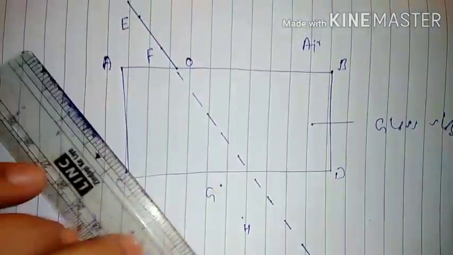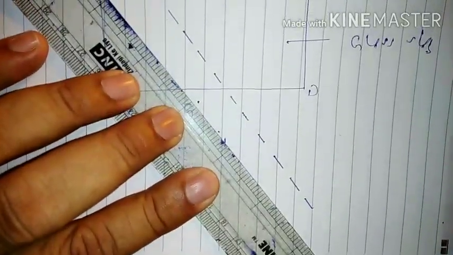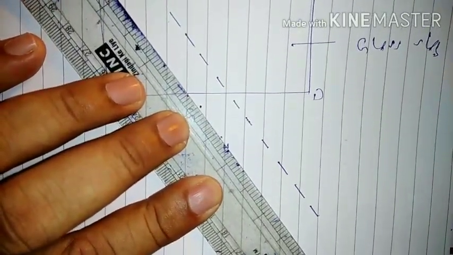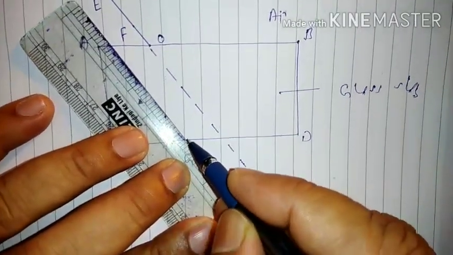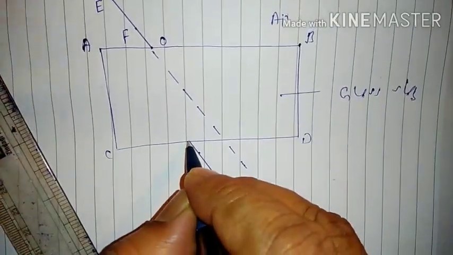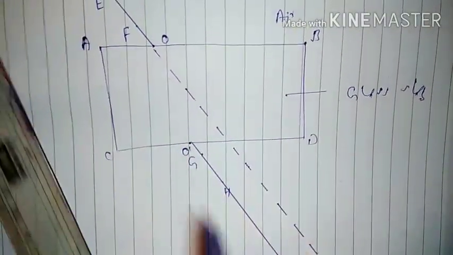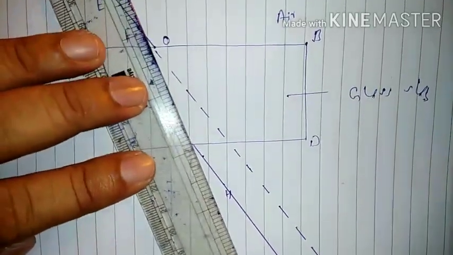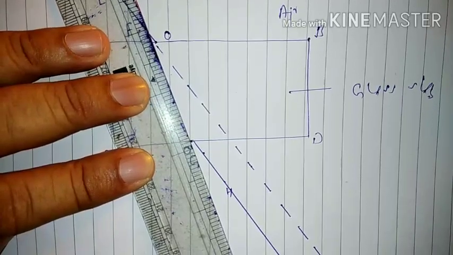Now, as we know that with the help of 2 points, one and only one line can be drawn. So we join these 2 points with the help of a scale. Suppose here it is point O dash. Now once again we join points O and O dash with the help of a scale.